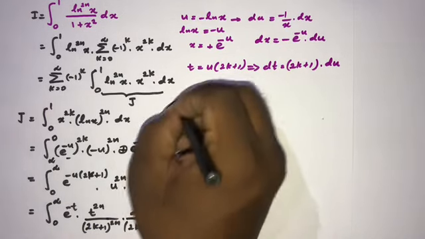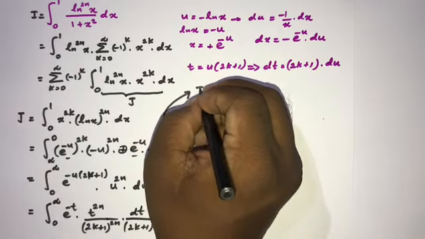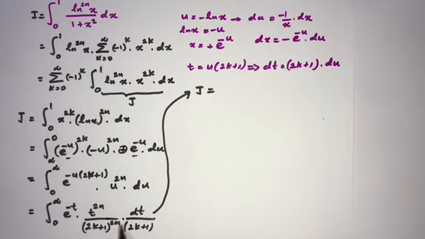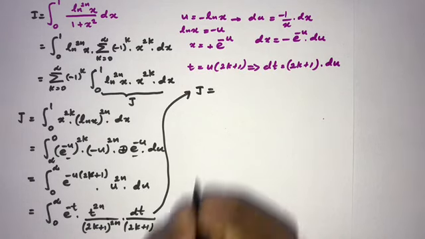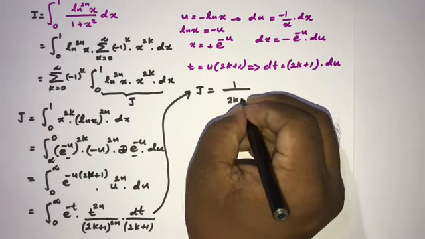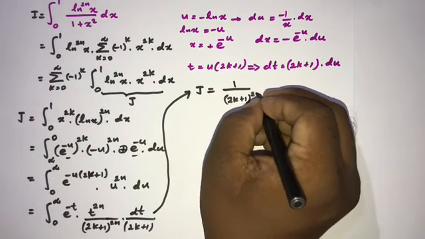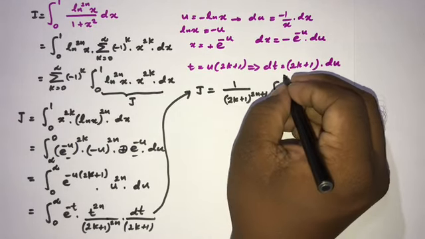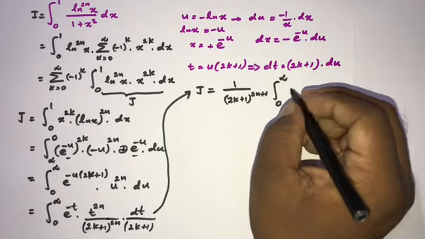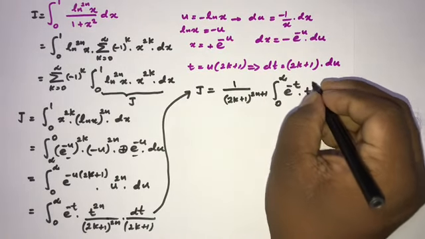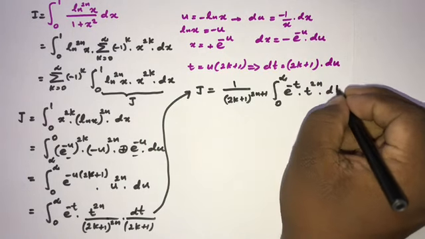Then we can simplify. J is equal to 1 over 2k plus 1 raised to the 2n plus 1 power, taken outside of the integral, times the integral from 0 to infinity of e to the minus t times t to the 2n dt.